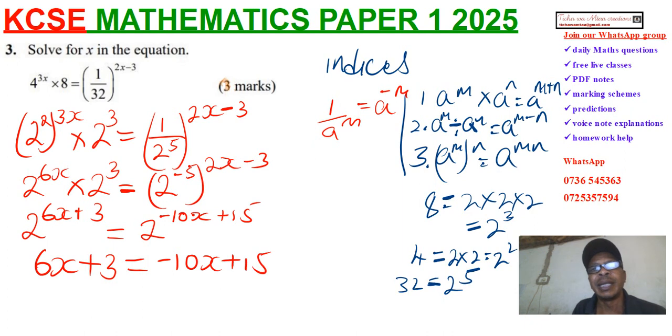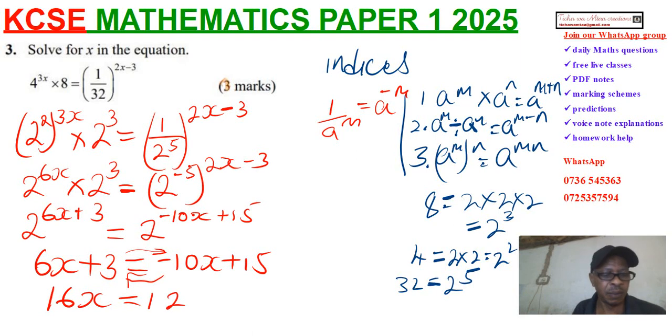We can simplify that and say take x to the other side, you get 16x, because when 10 crosses the equal sign, it becomes positive. Equals, we take 3 to the other side, it becomes negative. So it is 15 minus 3, and that is going to give us 12.